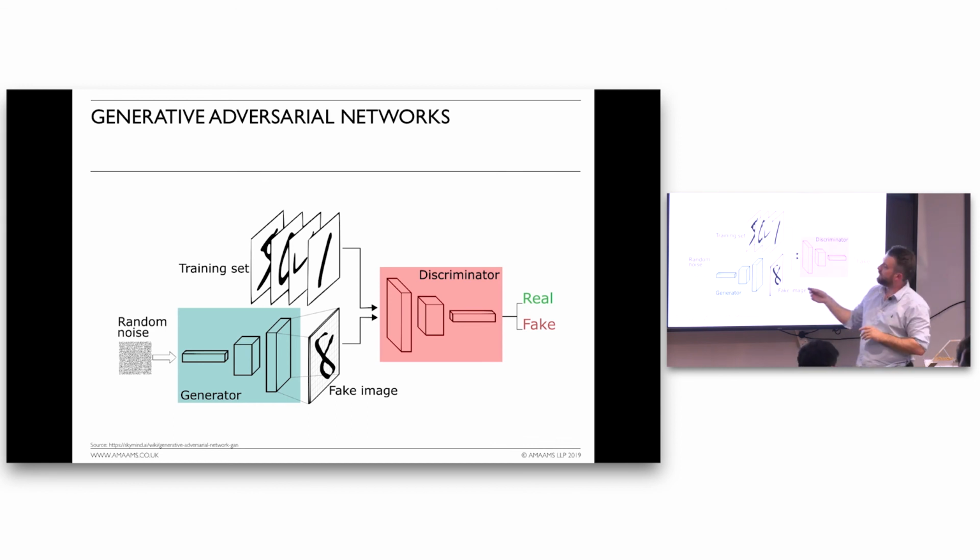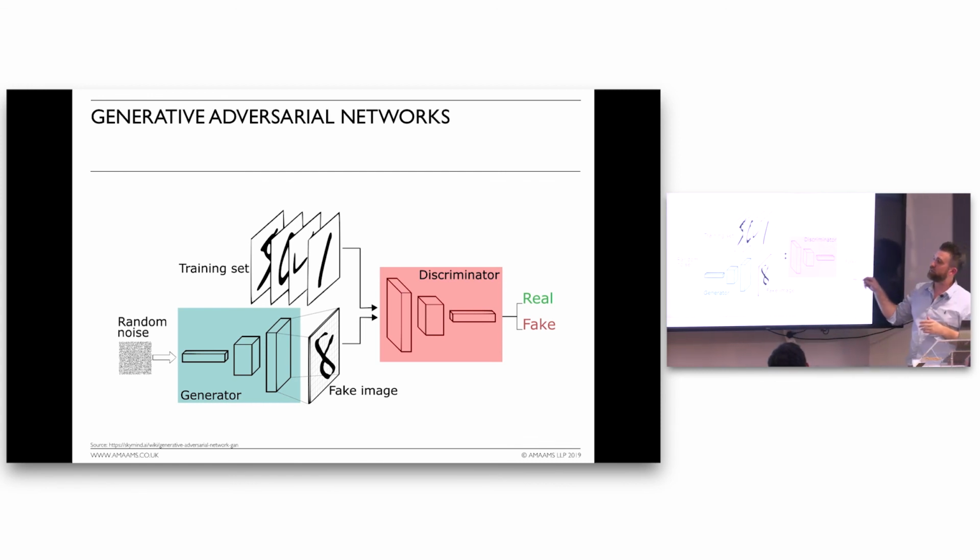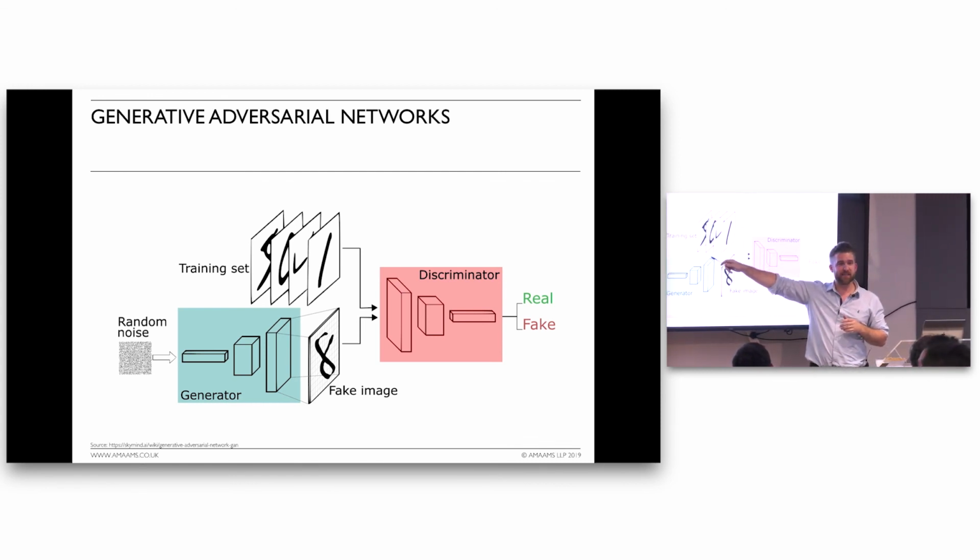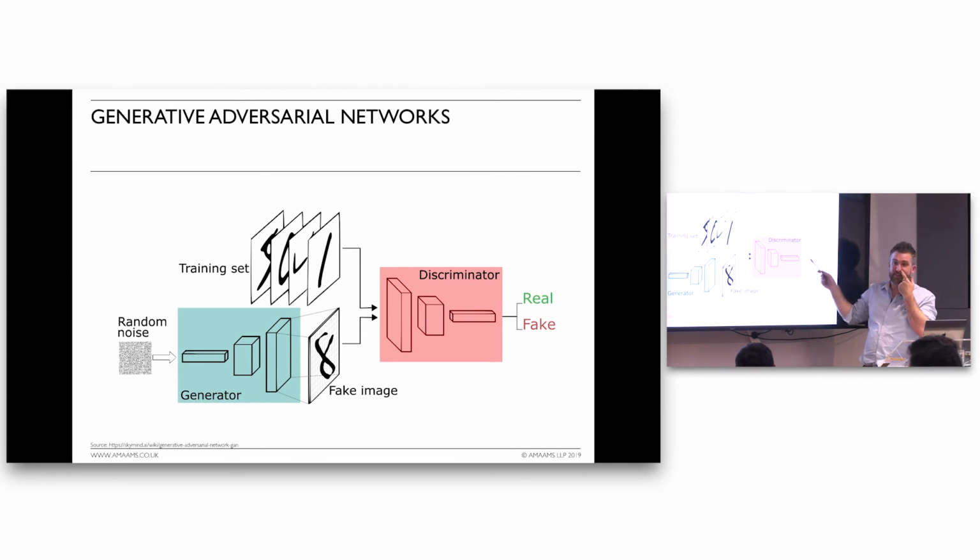So we have one network that is trying to learn how to generate data for a particular problem, in this case how to create the image 8, and a second network that's trying to tell when it's being tricked by a different source of data. You can train these things in an adversarial way and basically bootstrap your way from having not very good data to examples of very good data.